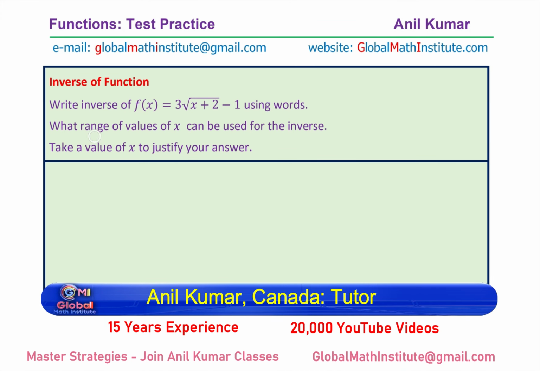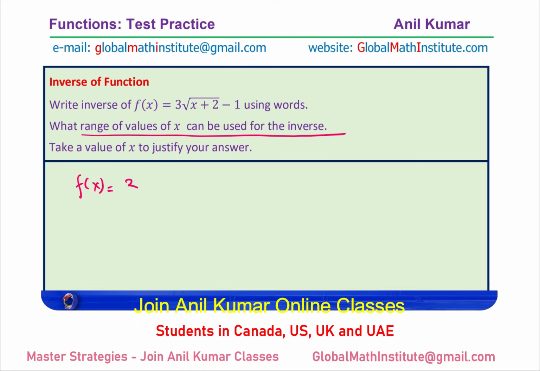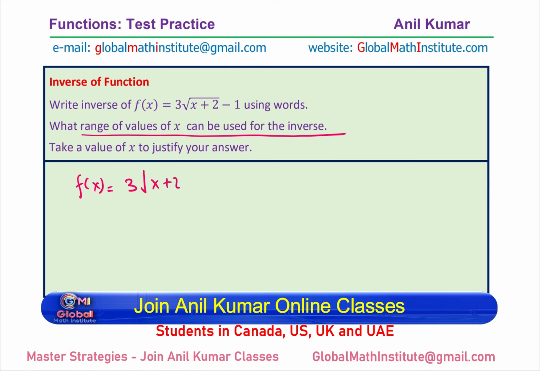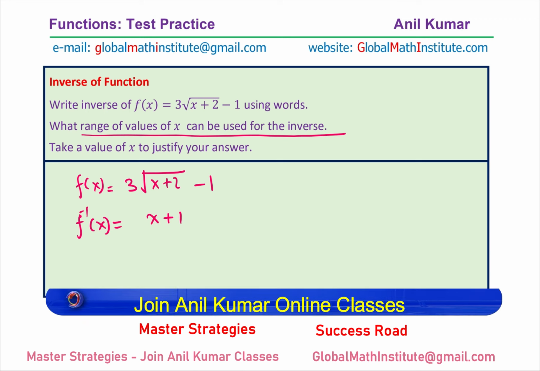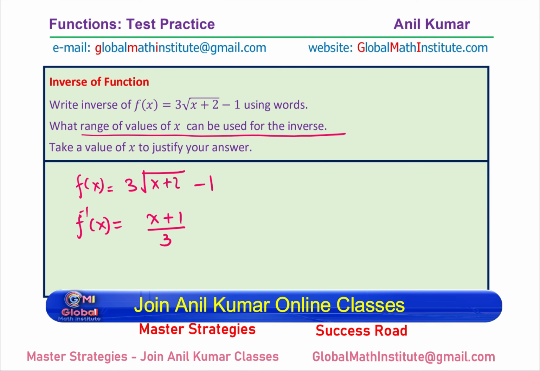So when we say what range of the values can inverse have, we know that the function for us is 3 square root of x plus 2 minus 1, and the inverse of this function is we added 1 to it, and then we divided by 3, then we squared it, correct, and minus 2.